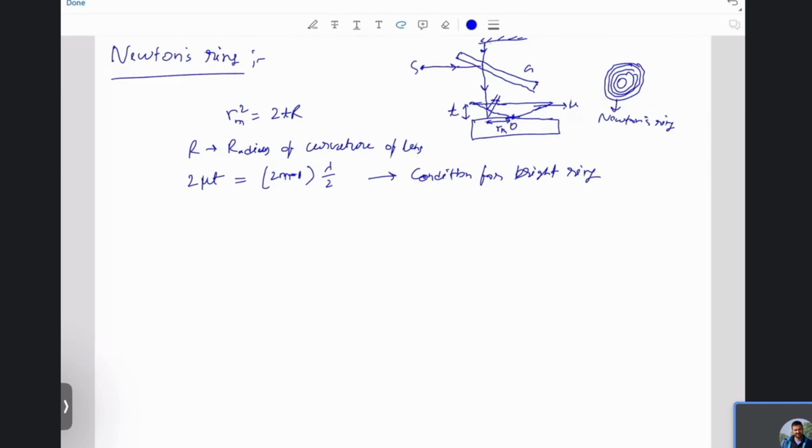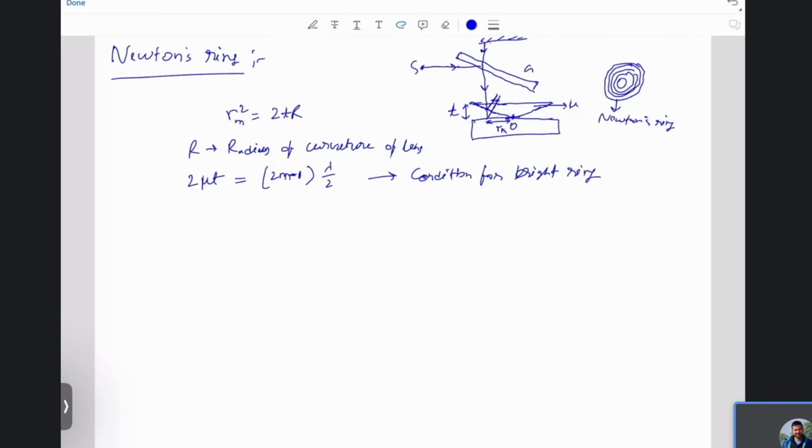Because it has two surfaces, one light will be reflected from the convex lens and the other from the plate below.